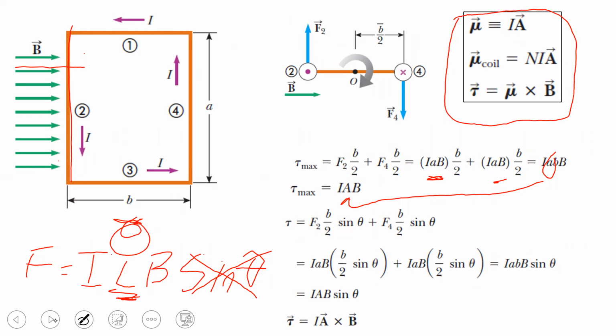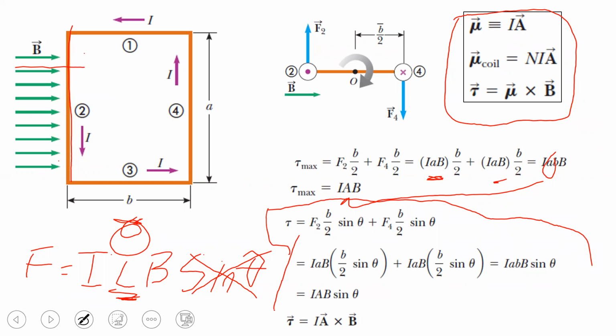When the coil is constantly perpendicular to the magnetic field, it may have an angle. When it's standing this way, that's 0 because the angle is 0. But when it's standing at a particular point, we should think about the general expression that takes into consideration the angle between the coil and the magnetic field. The maximum will be when the angle is 90 degrees and sine 90 is 1.